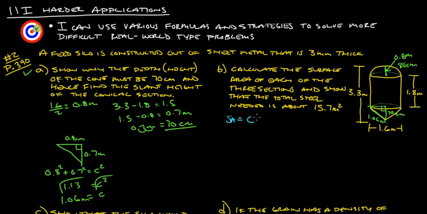So surface area is the circumference, 2 pi r, times the height. So our surface area of just this piece is going to be 2 times pi, and we know the radius is 0.8, and we know the height is 1.8.